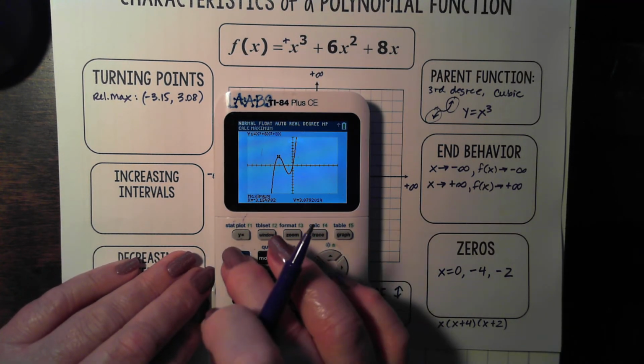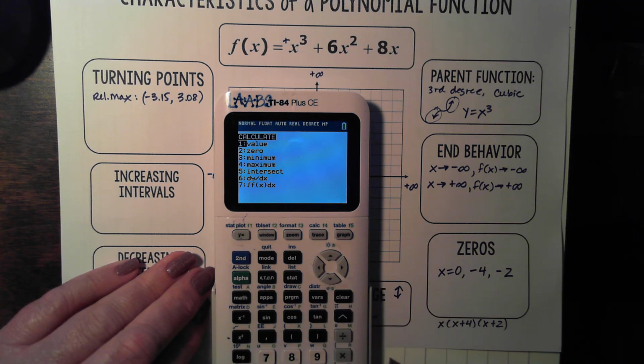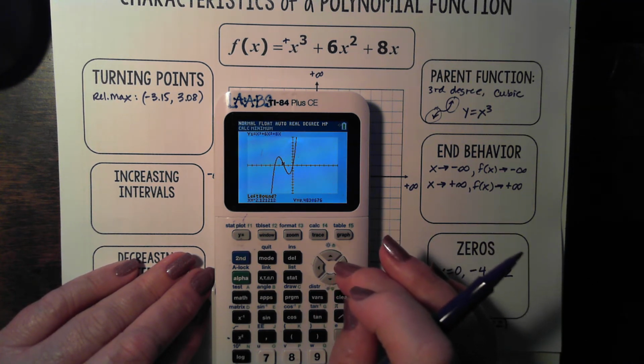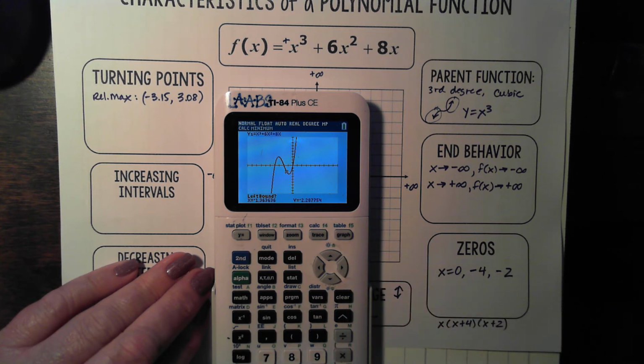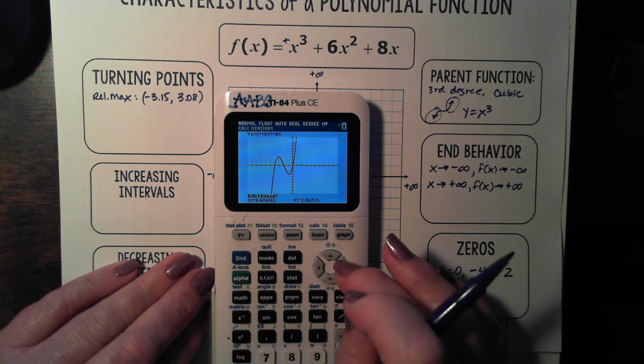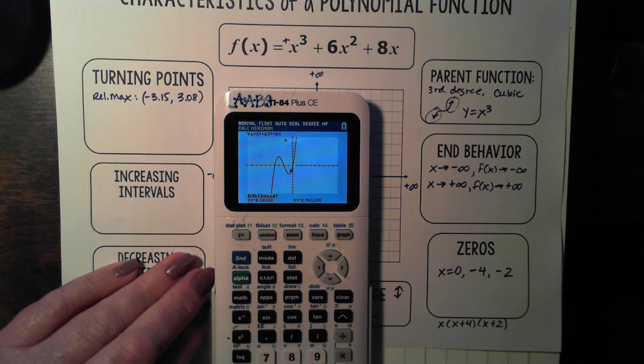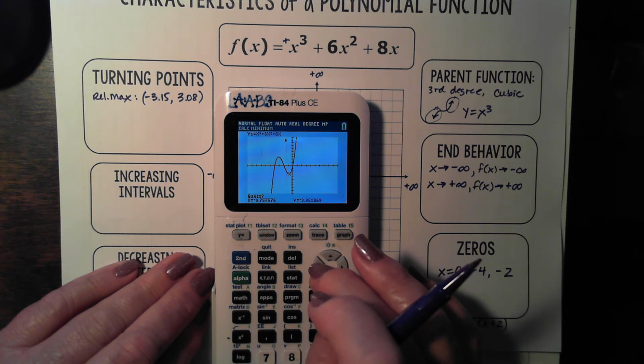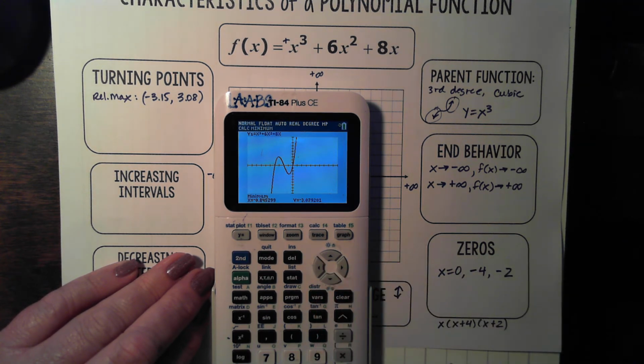So on my calculator, I go second calc, relative minimum, which is a 3. It says go to the left, hit enter, go to the right of that, hit enter, kind of go somewhere near it and hit enter.